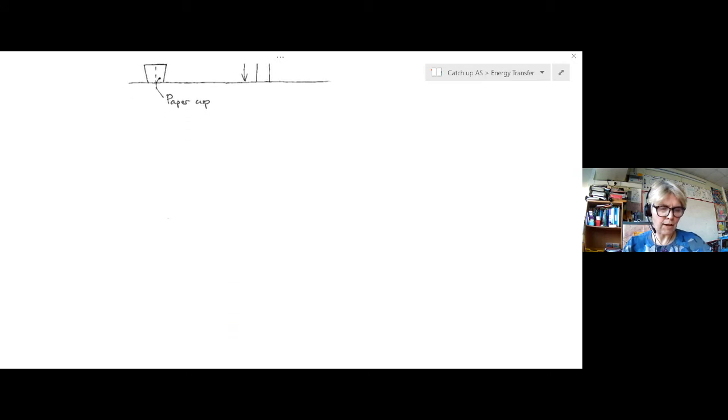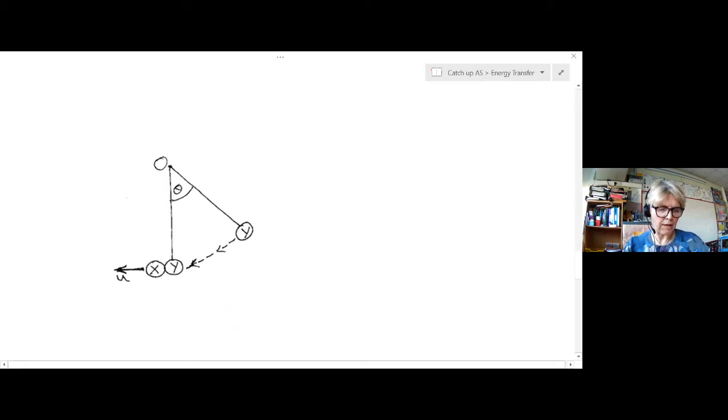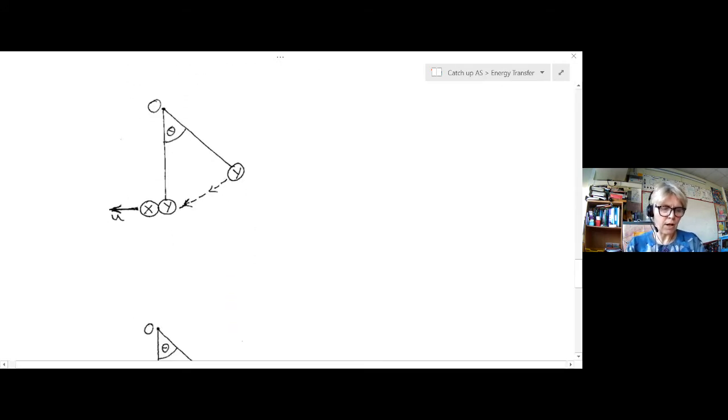So I'm going to break it down. Consider, first of all, I've got my ball Y, and it has gravitational potential energy. That gravitational potential energy is given by the mass times g times the change in the height.